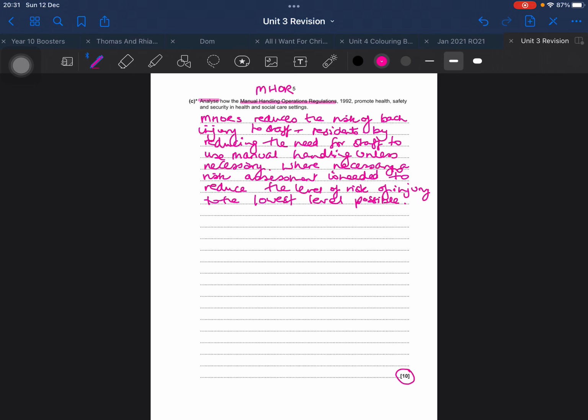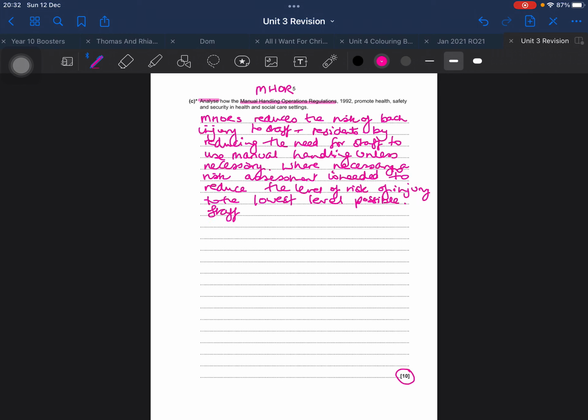Okay, so we have actually got 3 points in there, but I just want to approach it from the view of the residents as well. So if staff are confident when using this equipment, the resident's going to feel that they're more secure and have more trust in those other people as well. So I'm going to pop that on the bottom.